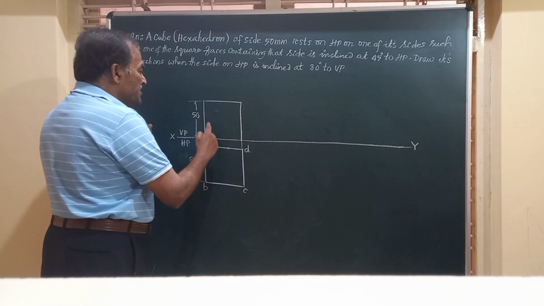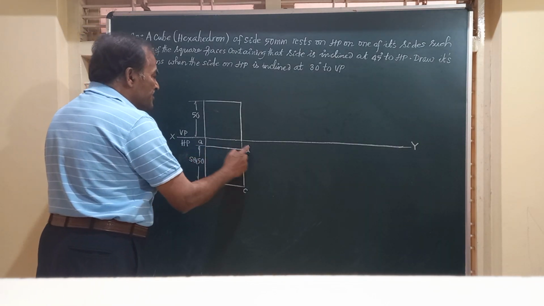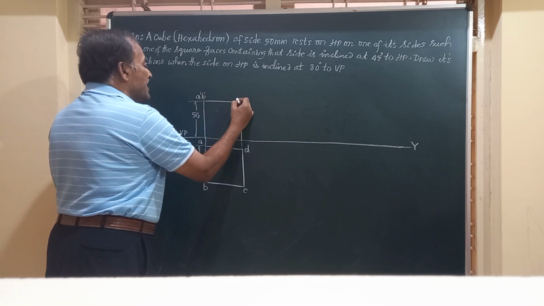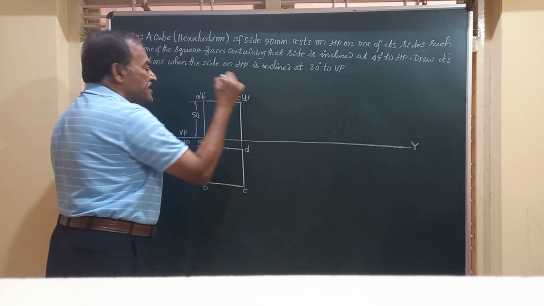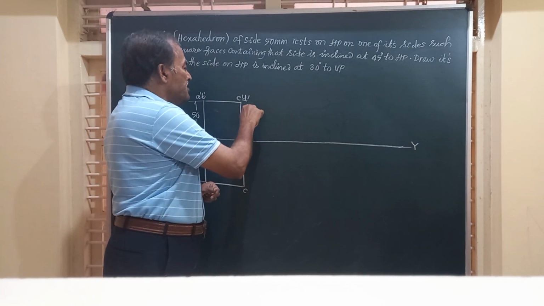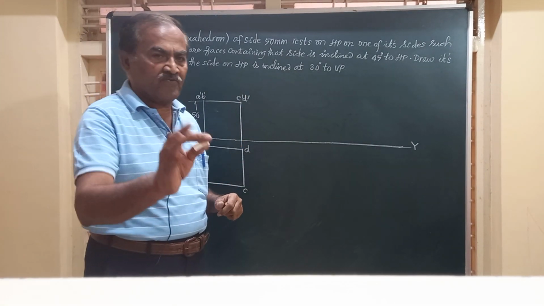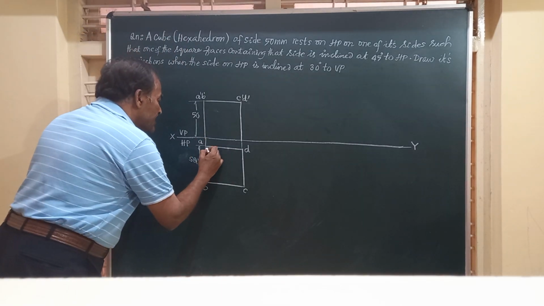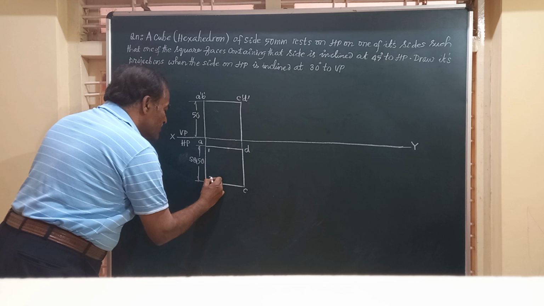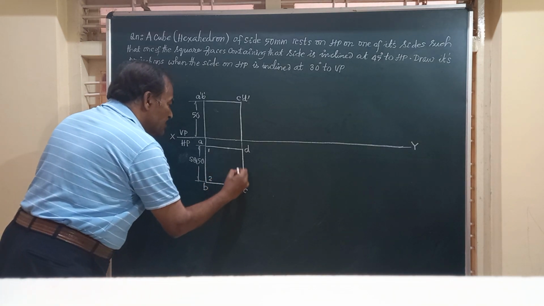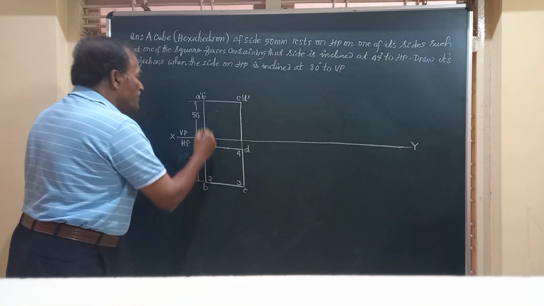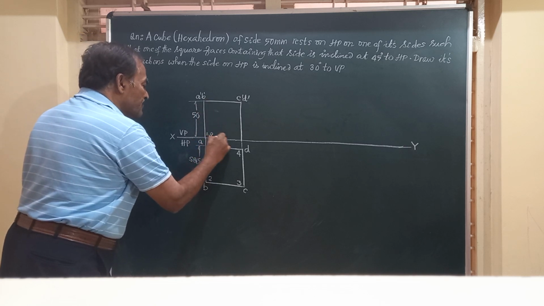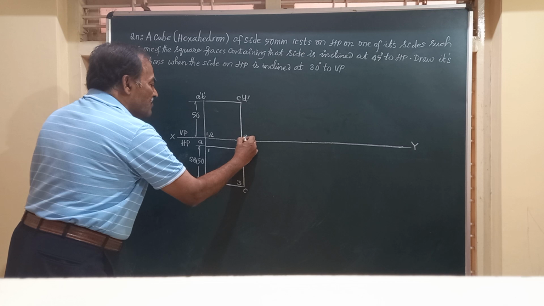Friends, this marking I have done, A, B, C, D, is for the top face. So I will call it A dash, B dash, C dash and D dash. So A dash, B dash, C dash, D dash is the top face. And similarly for the bottom face, we will mark it as 1, 2, 3 and 4. So here you get 1 comma 2 and the bottom face this is 3 comma 4.